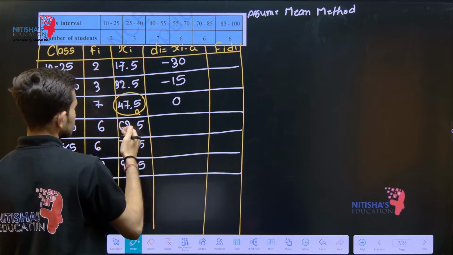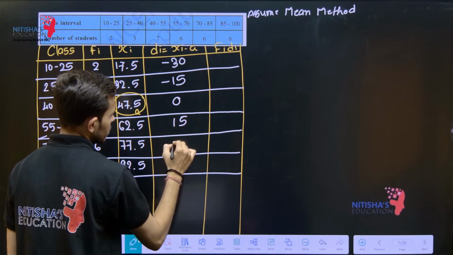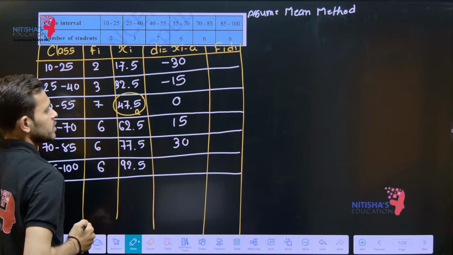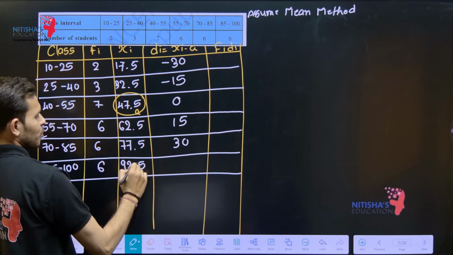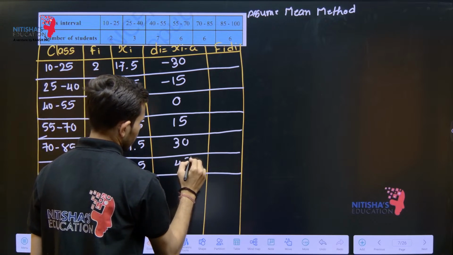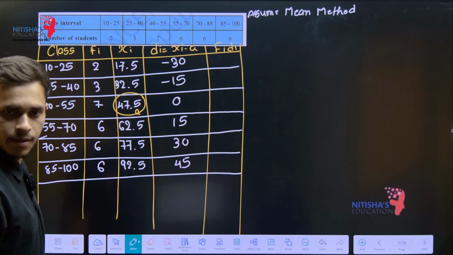If we subtract 47.5 from 62.5, it will be 15. Here, 77.5 minus 47.5 is 30. And if we subtract 47.5 from 92.5, then we will get 45. So we get the values of di over here, right?